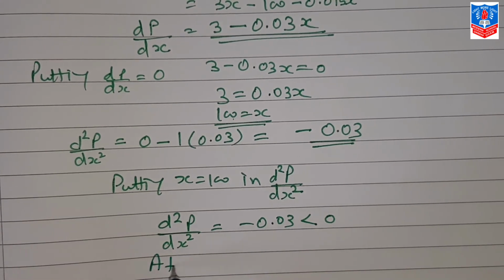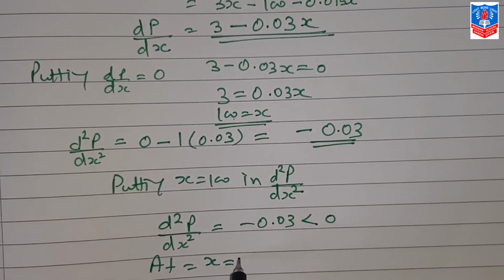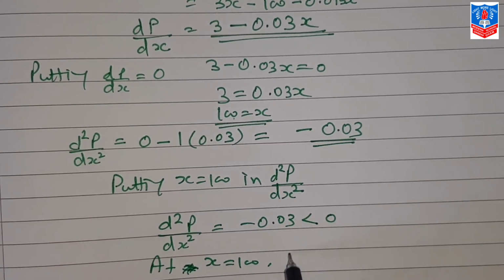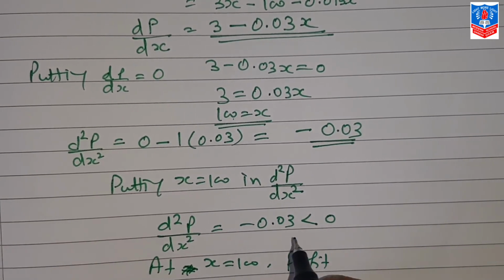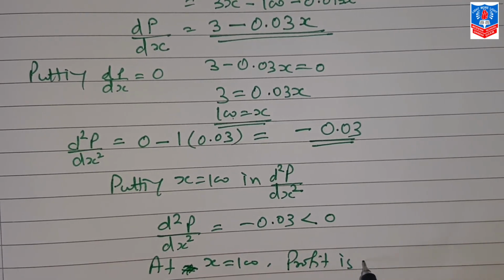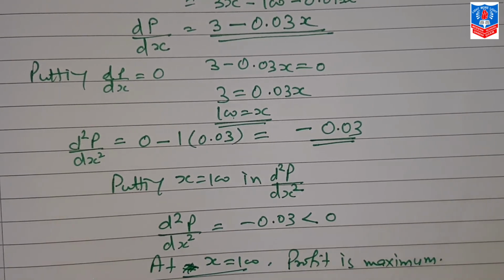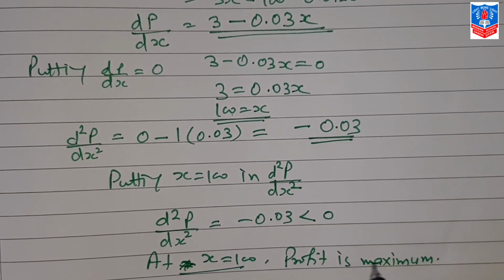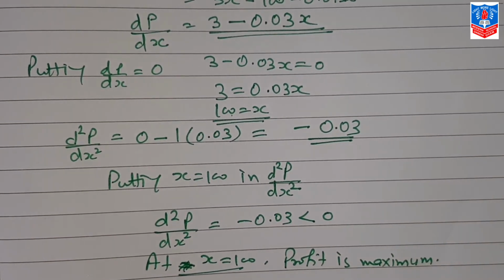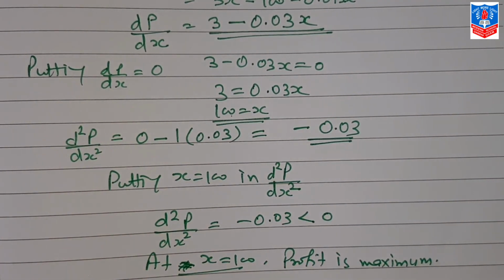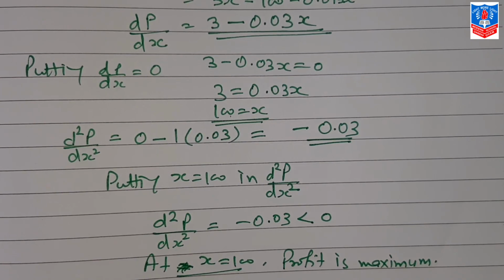So at x is equal to 100, this value of profit is maximum. So at x is equal to 100 only, our profit is maximum. So this is how sums based on cost function, revenue function and profit function are to be done.